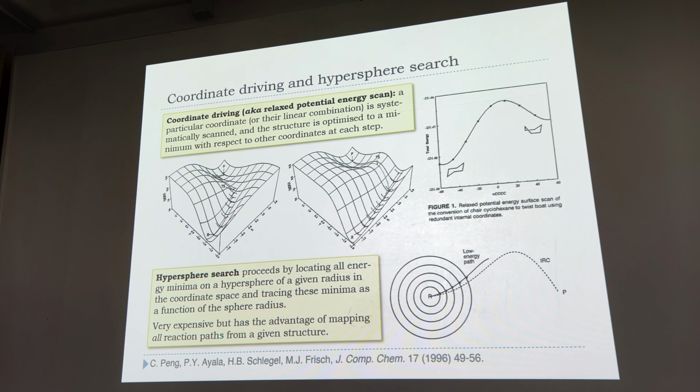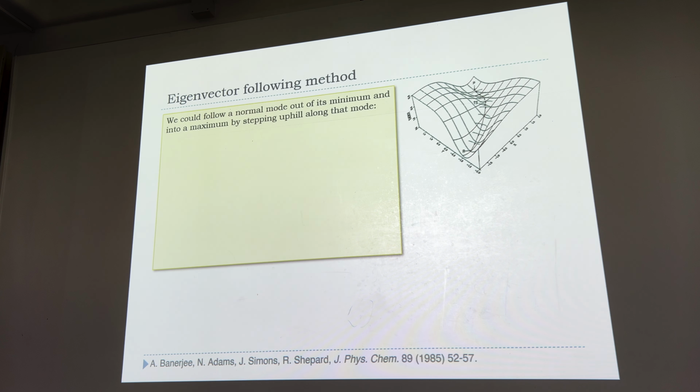This is very, very expensive, particularly in spaces of a few dozen dimensions and more, but of course this will map every reaction path out of the structure that you have. But this is not very often used because, for anything bigger than really a 3-atom molecule, this is computationally unrealistic.